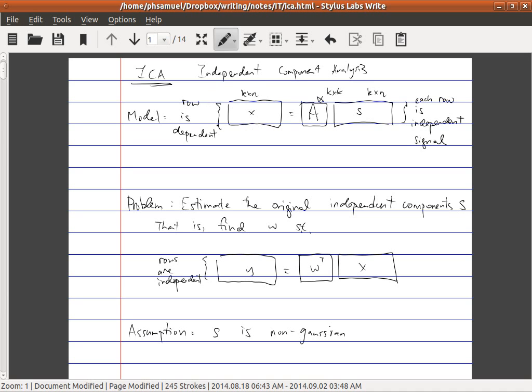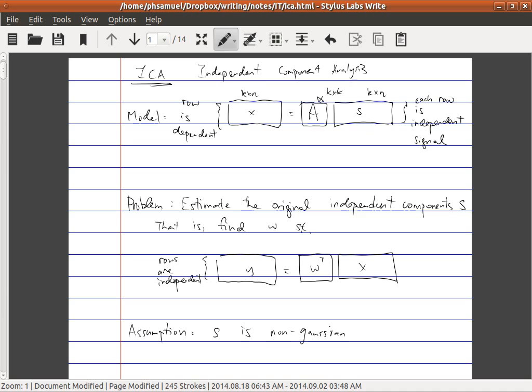So these mixtures can be written as A, a square matrix, multiplied by S, and let's denote these mixtures as X. So each of these rows of X is now no longer independent. Each of the rows will be dependent on each other in general, unless A is, of course, a diagonal matrix.